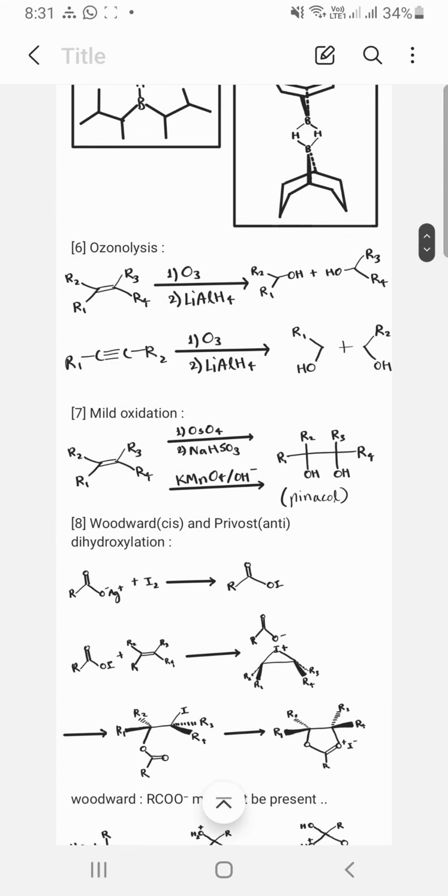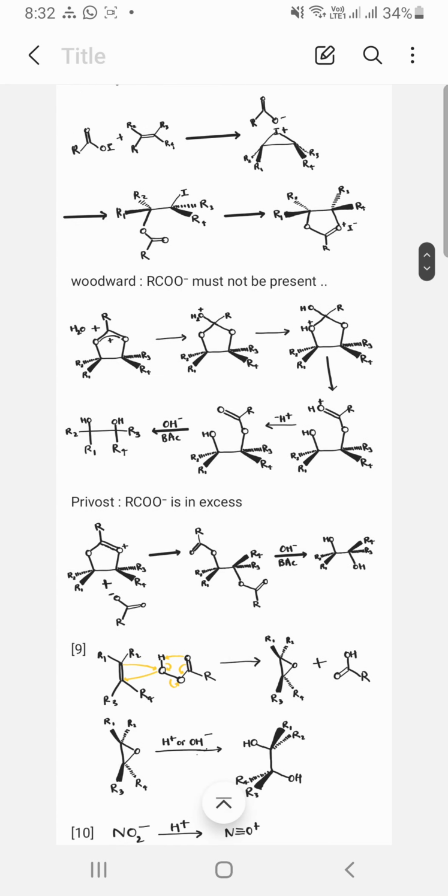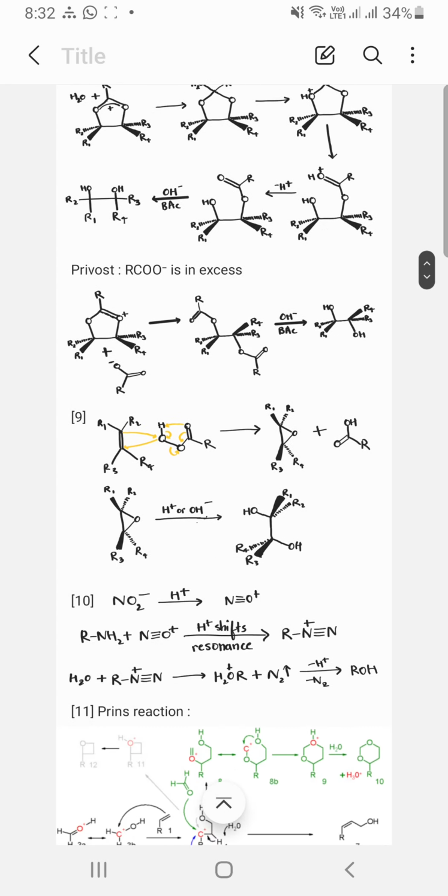Okay, ozonolysis. Okay, that's cool. Mild oxidation. So we just saw this mechanism for Woodward hydroxylation. If there's no H2O over there and there's excess of RCO2 minus over there, then this will happen.